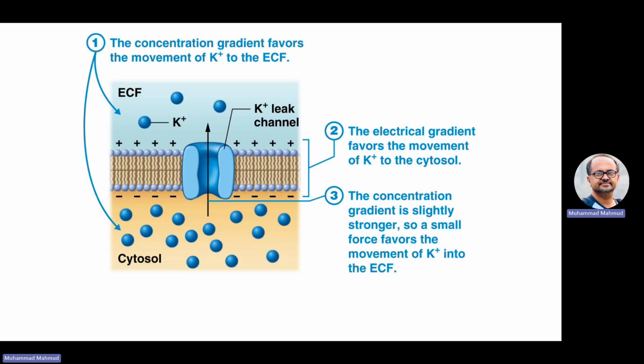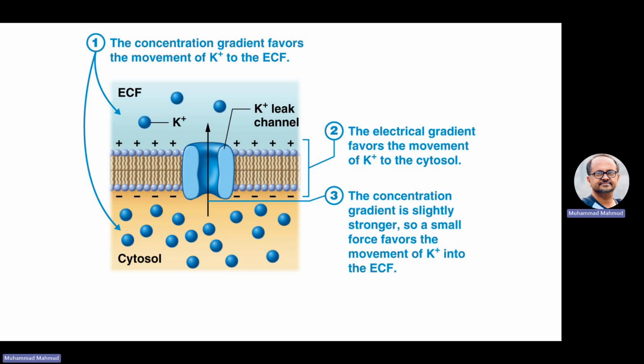So this picture will clarify the things we just mentioned in the last few slides. Look at this channel, the leak channel. This is the potassium leak channel, the blue one in the middle. Now, the concentration of potassium is higher inside the cell, which is the cytosol. So this concentration gradient favors the movement of potassium to the extracellular fluid. So it tries to go outside.